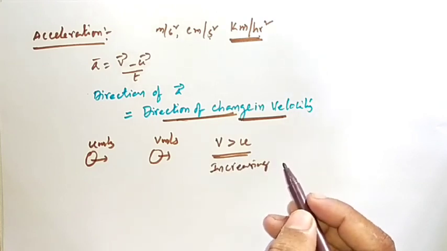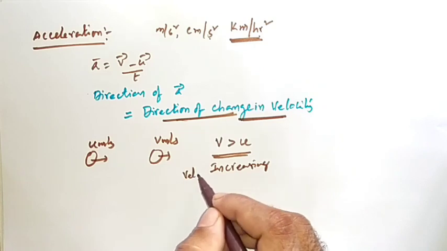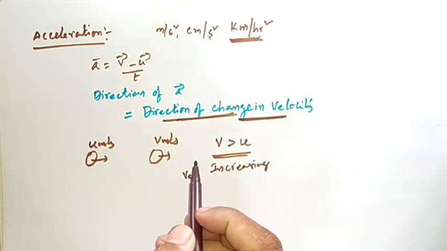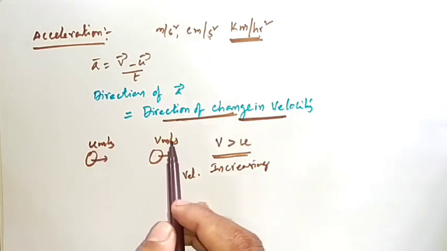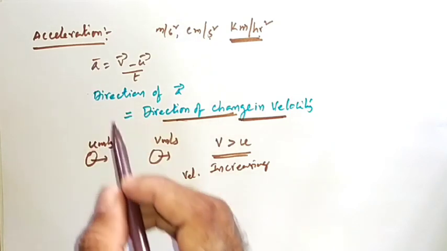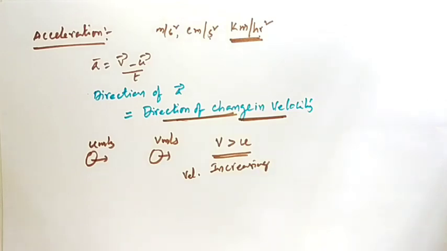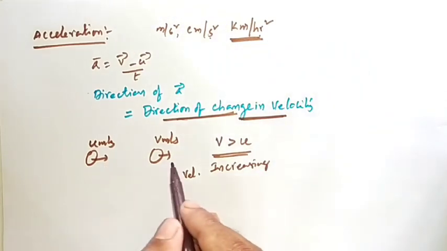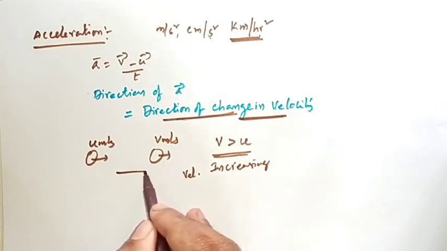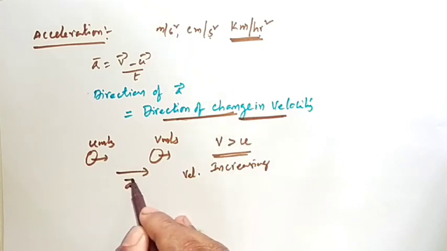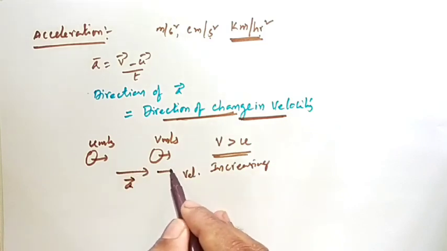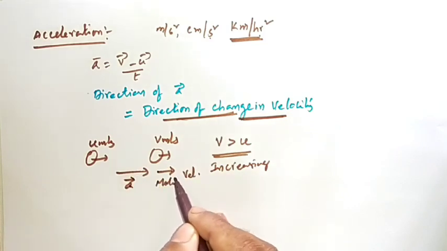So you can say the body is accelerating, because the velocity is changing. Clear? So then, what is the change in velocity direction? East. This is the acceleration direction also. What is the motion of the body? This is the motion.